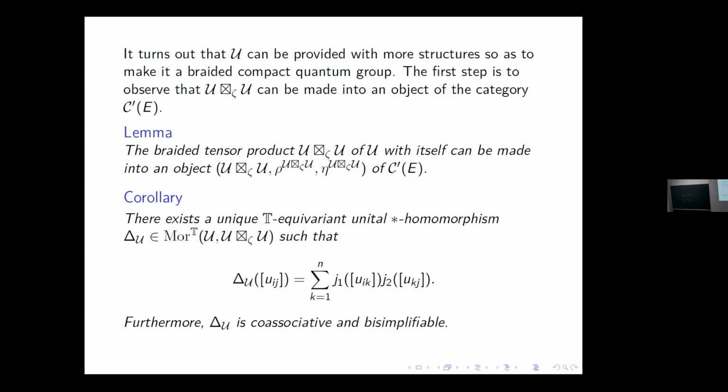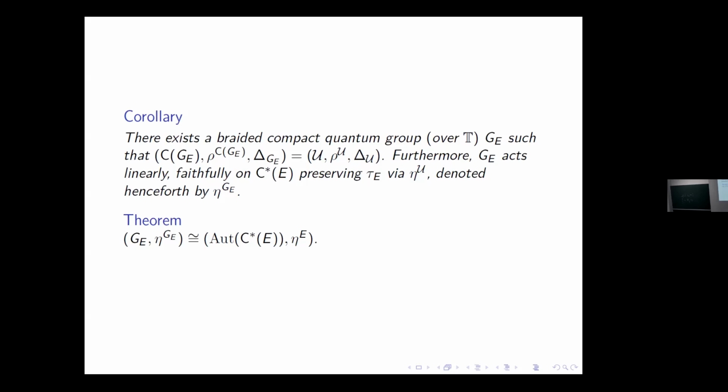So by the universality of U, you get a morphism for free which behaves in a natural way. So it sends u_ij to the matrix co-multiplication, and it turns out that delta_U is co-associative and bisimplifiable. Thus, there exists a braided compact quantum group G_E such that the underlying C-star algebra of the braided compact quantum group is U, the T action is rho_U, and the co-multiplication is delta_U just defined.